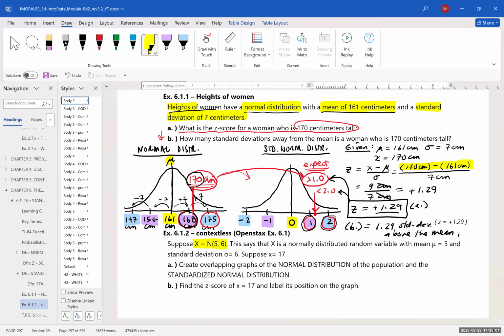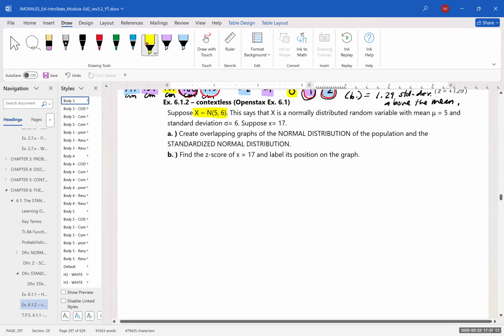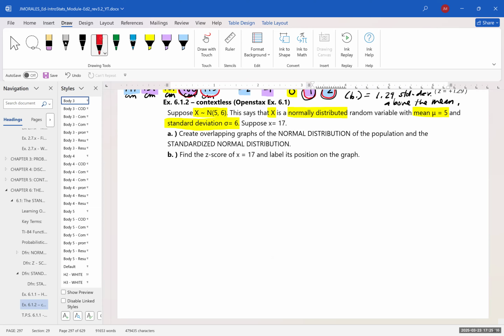So this says that x is normally distributed with a mean of 5 and a standard deviation of 6. So again, a mean of 5 and a standard deviation of 6.